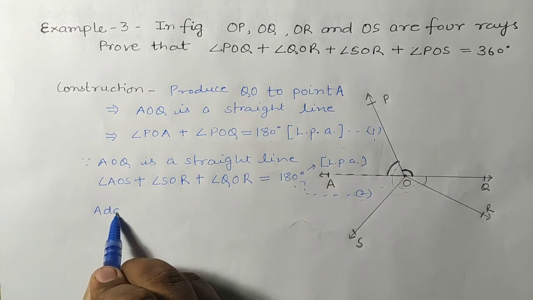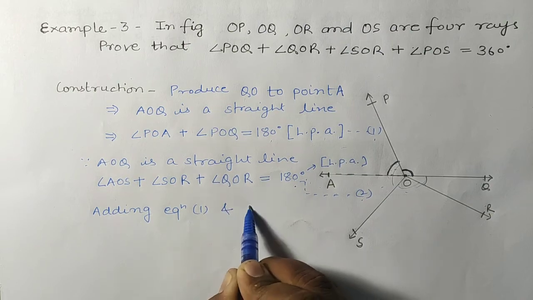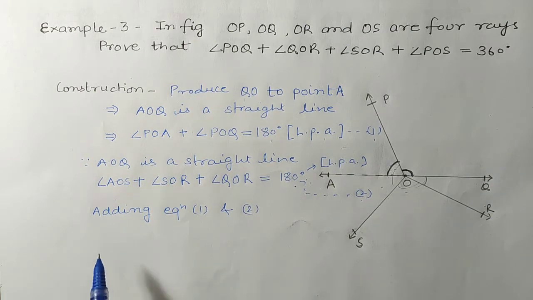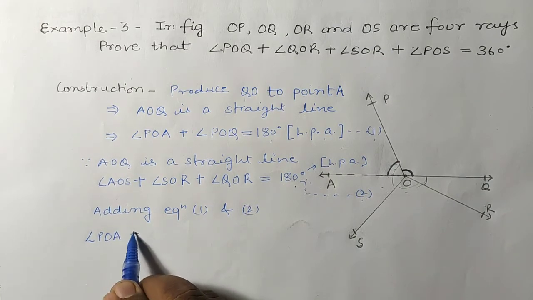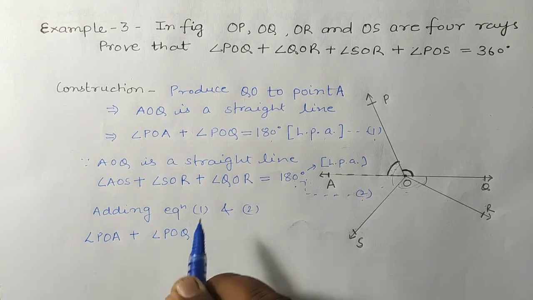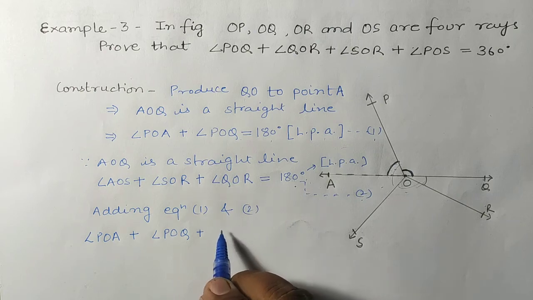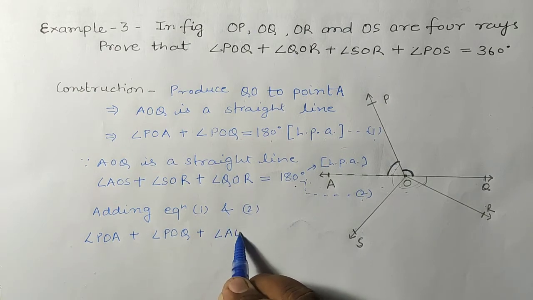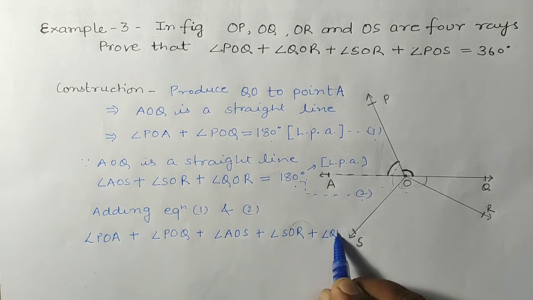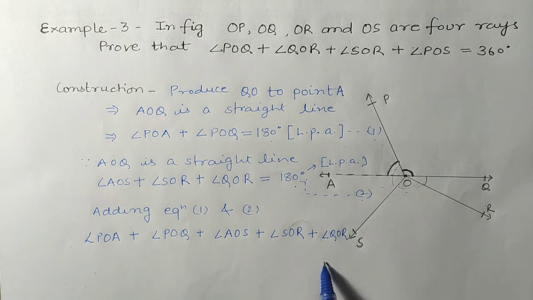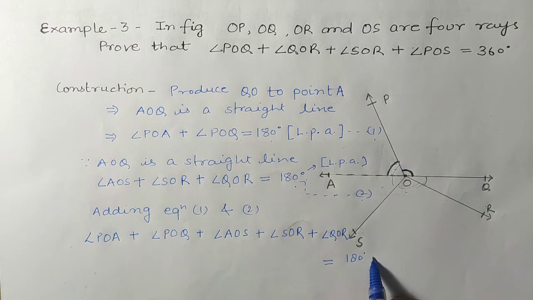So, adding equations 1 and 2, the left hand side of the first equation, angle POA plus angle POQ, is going to add with the left hand side of the second equation, that is angle AOS plus angle SOR plus angle QOR. This is all the left hand side, and on the right hand side 180 degrees plus 180 degrees.